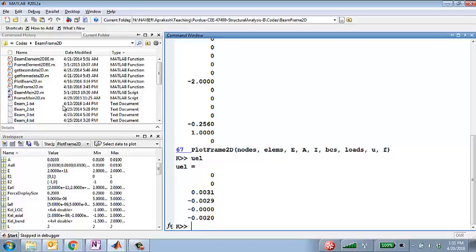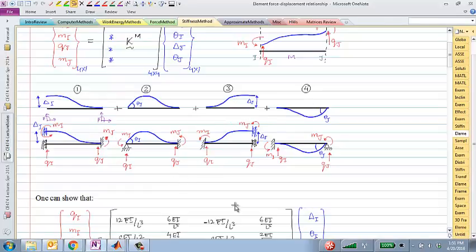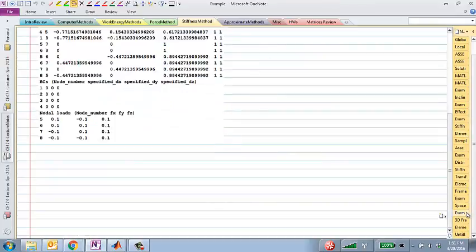And maybe let me try something else here. If I copy this and paste it to that example.